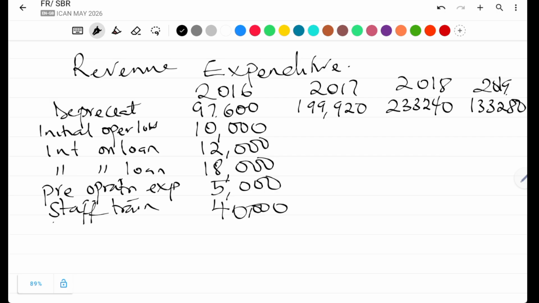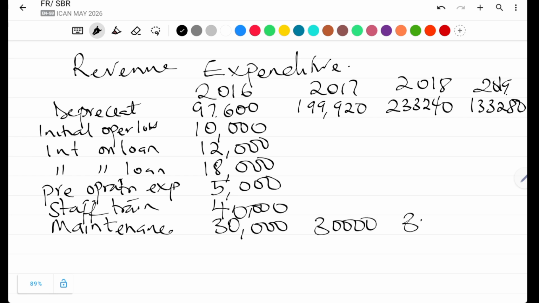Then we have the maintenance contract. If you notice, the maintenance contract says it's a 4-year maintenance contract. So that means the 120,000 is split in 4 years. 120,000 divided by 4 will give you 30,000 per year because it's going to be used for 4 years. So we're not going to record everything in 1 year. That's it.